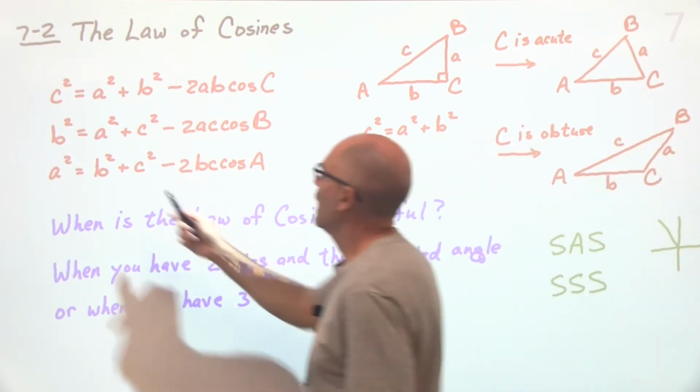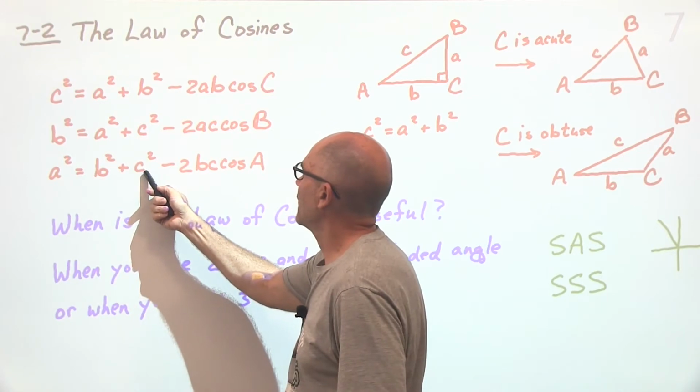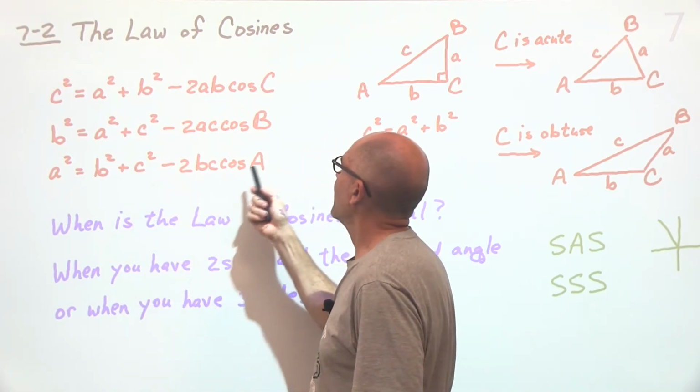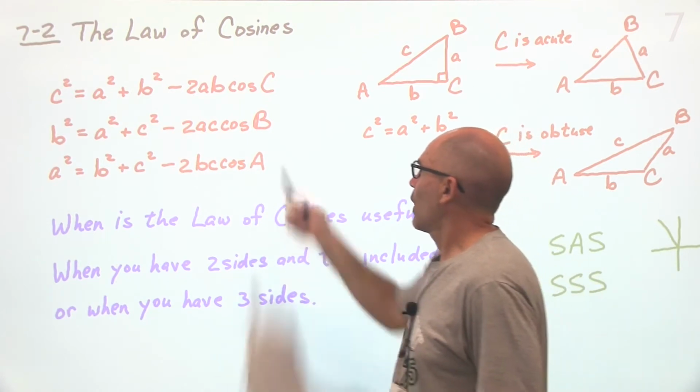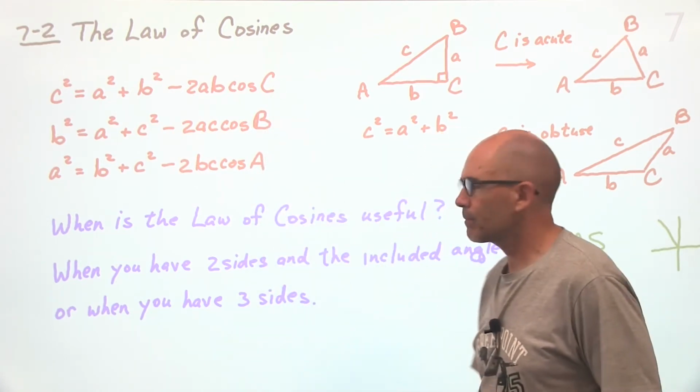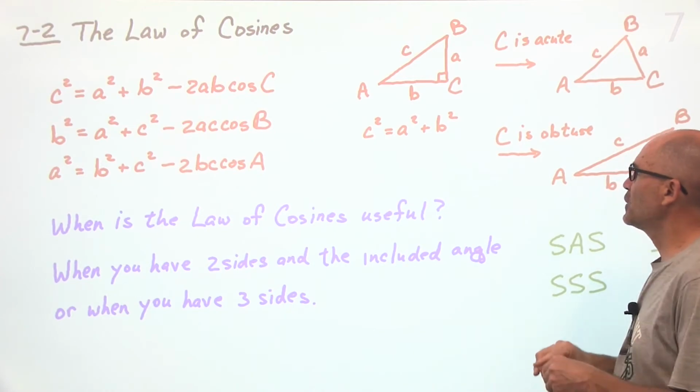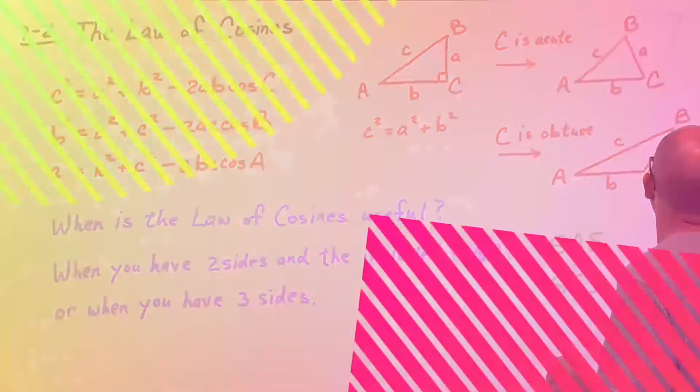Because notice, if I have A, B, and C, then I can solve for angle A, or angle B, or angle C. Okay, so let's check out an example.